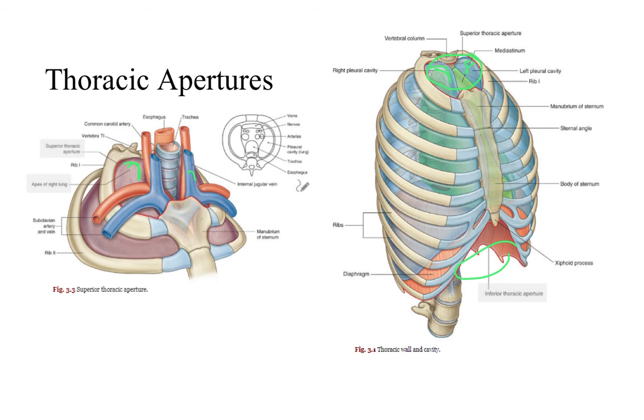So in physical exam lab, when you're listening to the apices of the lung, you're literally going to put your stethoscope above the clavicles, which would be right around here. You're going to put your stethoscope on the other side of the clavicles and listen for that apical lung sound.